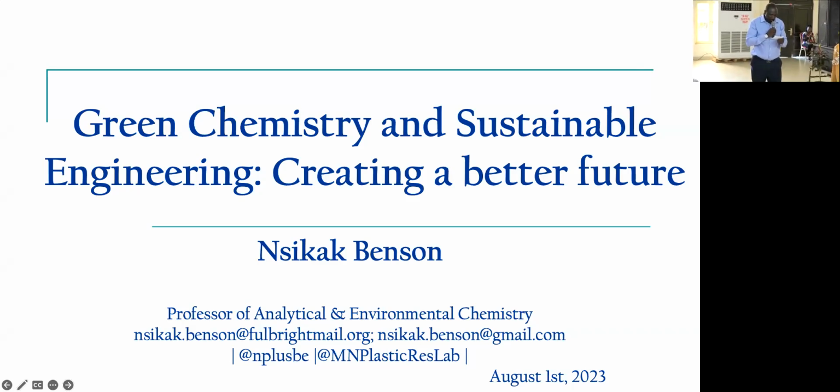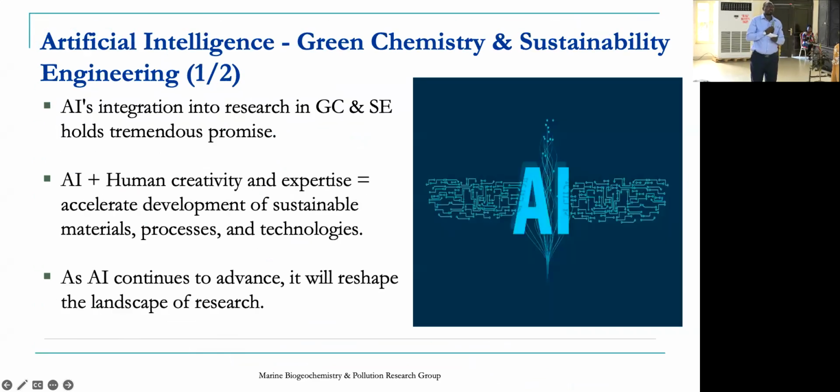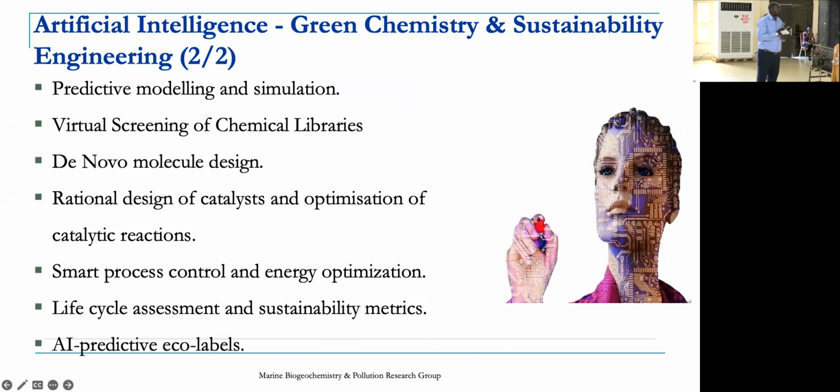Okay, so basically we can harness the power of AI to simulate or predict some complex chemical reactions, and then look at what the likely products or the desired products are.